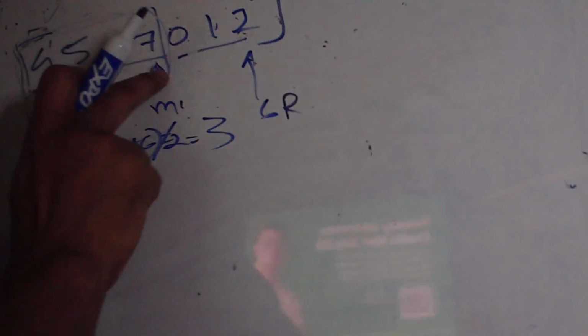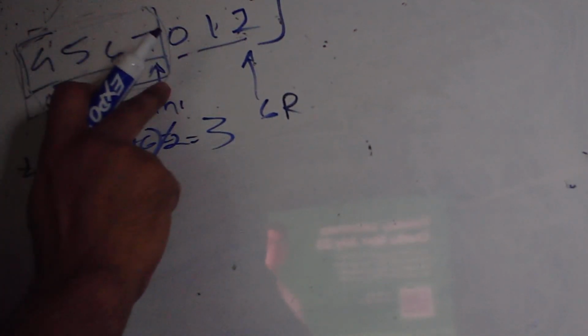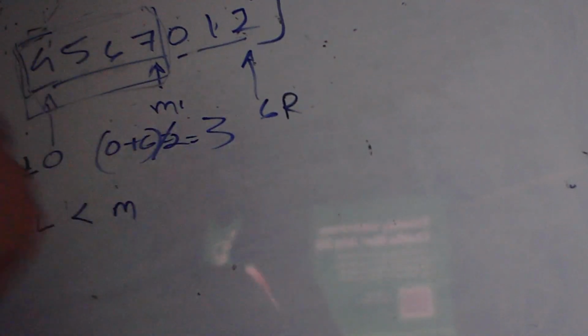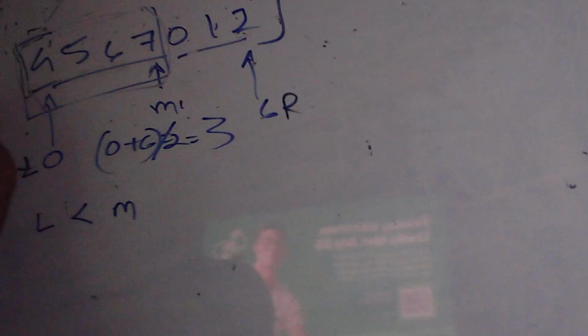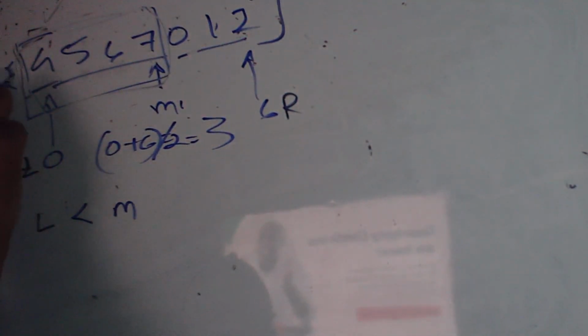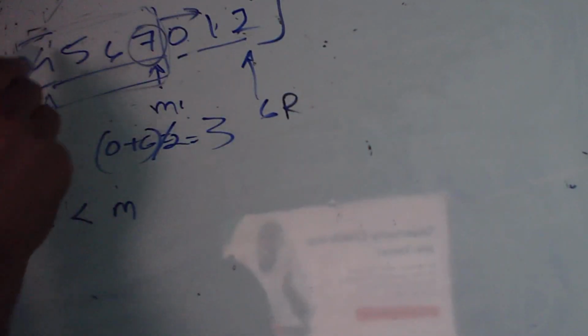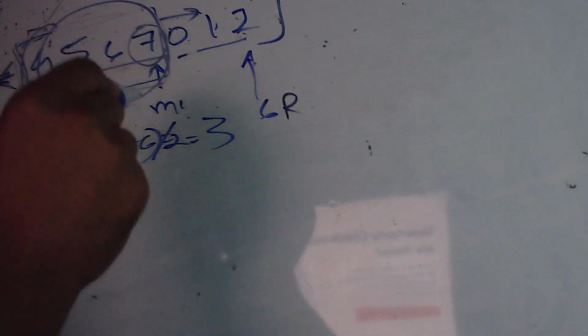If left is less than mid, in this particular case, if our target is less than 4, meaning out of this boundary, or the target is greater than this 7, it means obviously our target is not there in this portion, right?